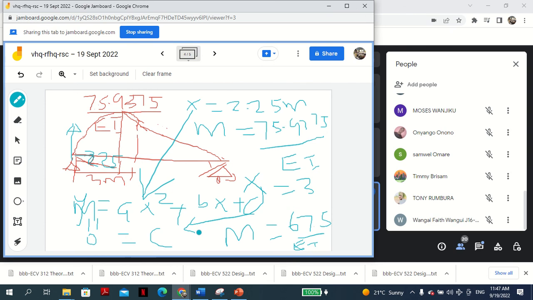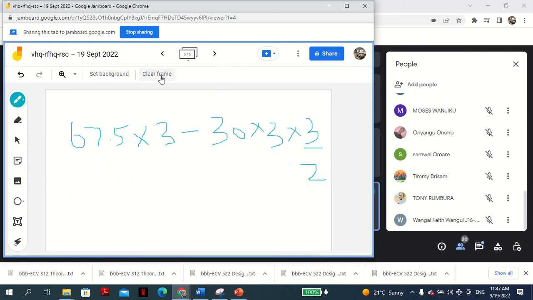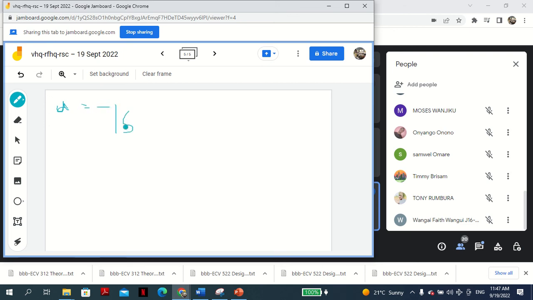Now, A becomes, sorry, A is negative 15 and B is 67.5.